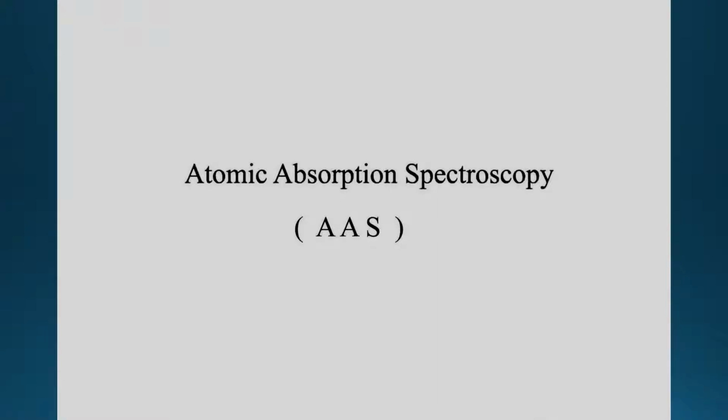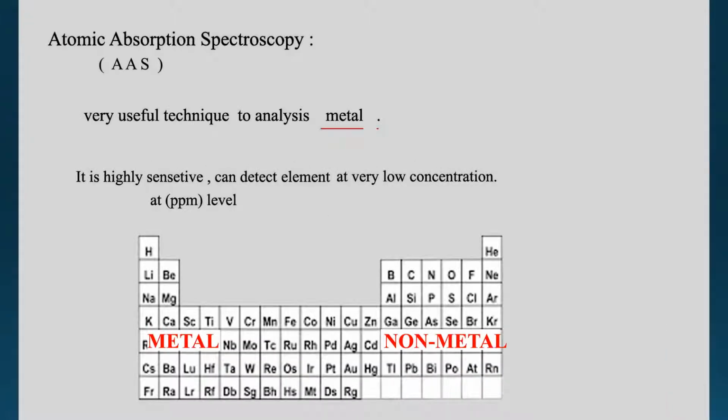Atomic Absorption Spectroscopy, AAS. AAS is a useful technique to analyze metal, and it is highly sensitive to detect the metal in a very low concentration, the ppm level.